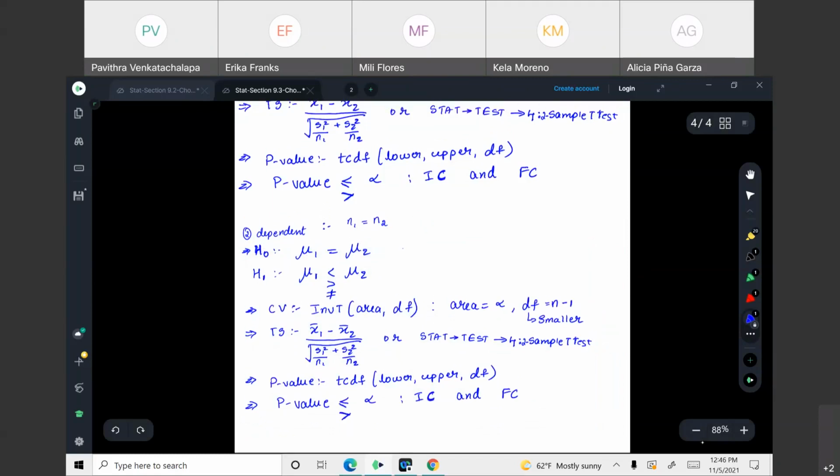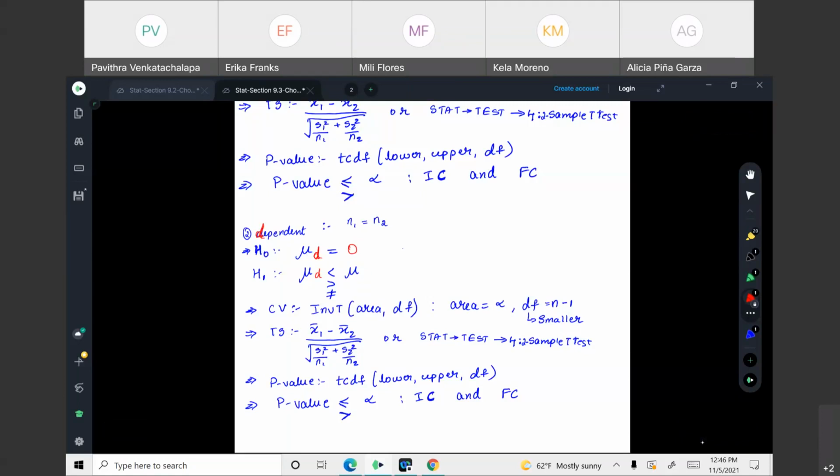Now, when it comes to dependent, these are the changes. Mu1 and mu2, we don't have two things. So it is going to be only one thing, that is mu d. Okay. And what is it equal to? It is equal to 0, always. Okay. Now again, as I told you, there is no 1 and 2. When it comes to dependent, all we have is d. D for dependent. When it comes to dependent, your H0 and H1 must have a d.